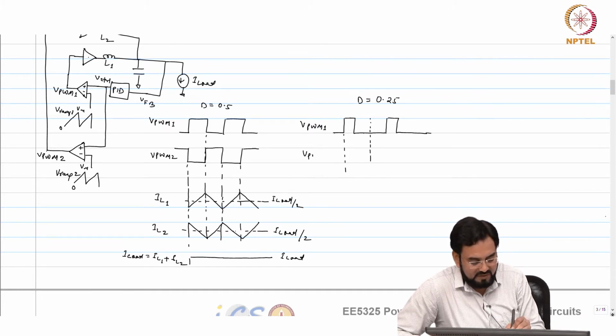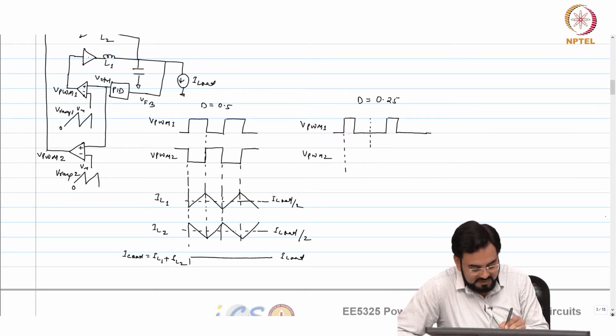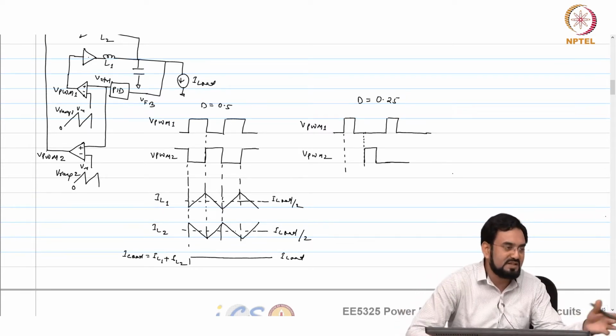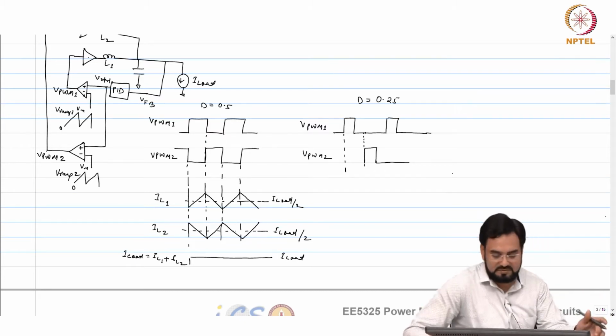And they are 180 degree out of phase. So this is 1/4 period and this is 3/4. So it should be here. It will be coming exactly at the center, 180 degree out of phase. It's a half cycle delay between the two.